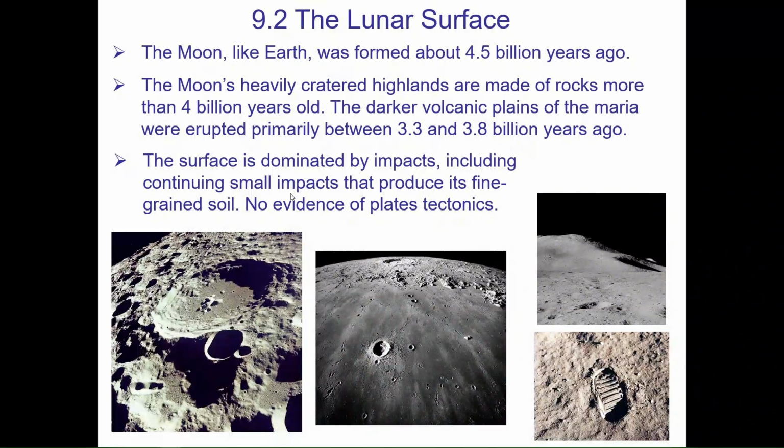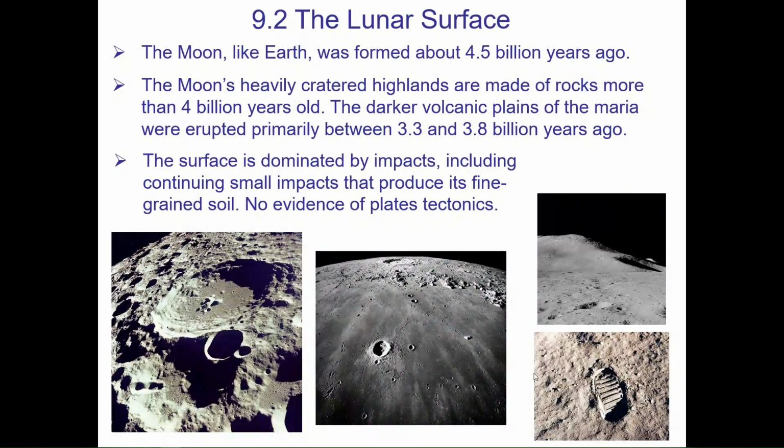So in addition to the creation of a crater, the impact also produces a very fine-grained soil. You can see there's a very thick layer of fine-grained soil on the surface of the moon. And because there's no wind, there's no redistribution of these soils.